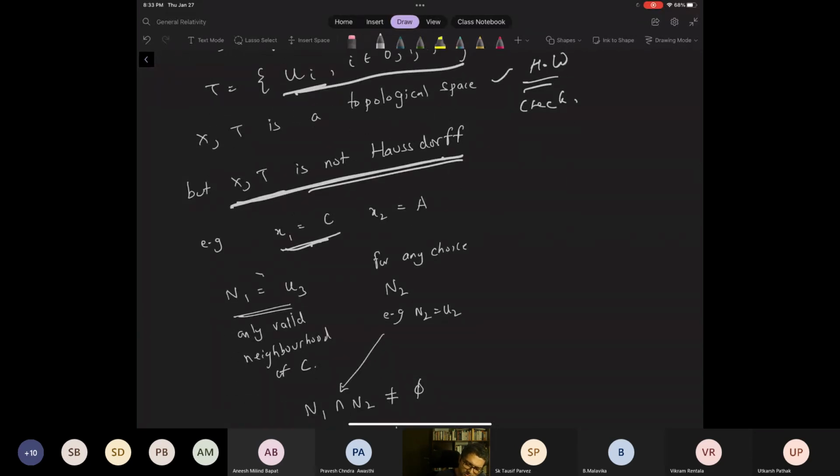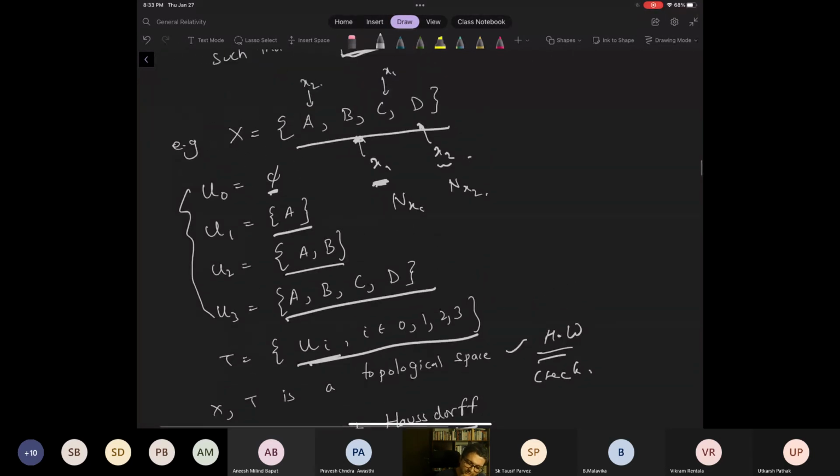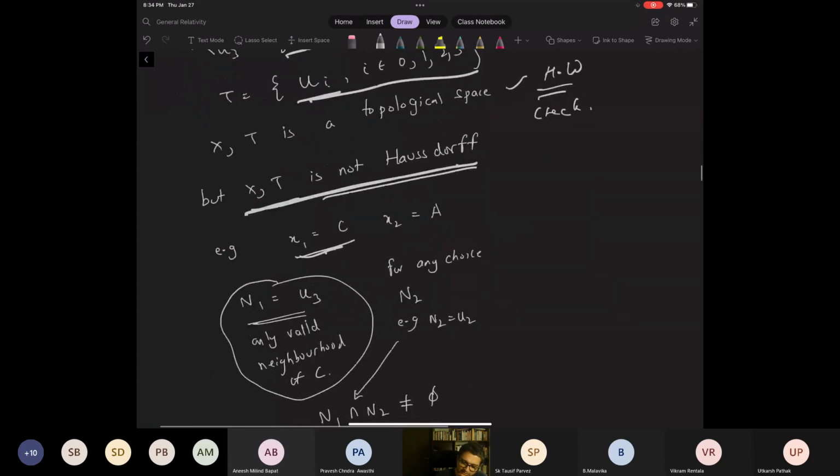So N1 is equal to U3. The only valid neighborhood of x1 has to include C in it. So the only valid neighborhood is this one, which is U3. So U3 is the only valid neighborhood of the point C, or x1.